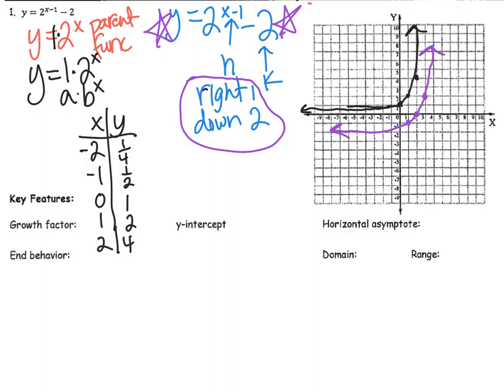My new y-intercept is negative 1.5 in purple. My horizontal asymptote is now this line right here, y equals negative 2. It cannot go below this imaginary fence line.